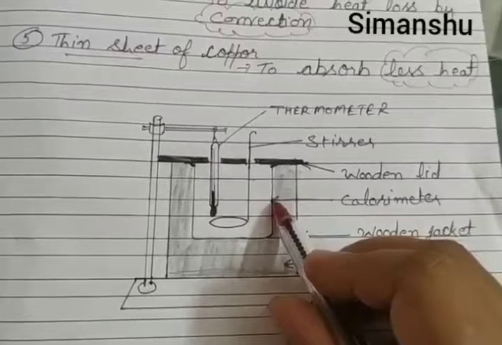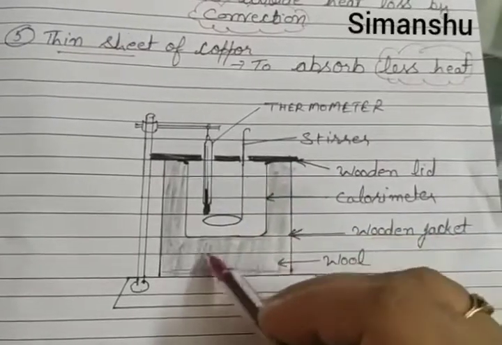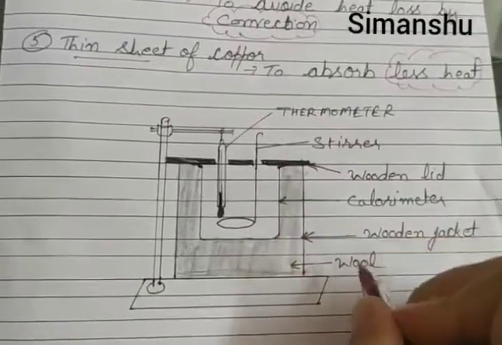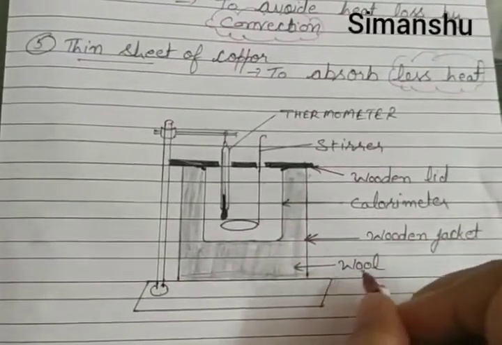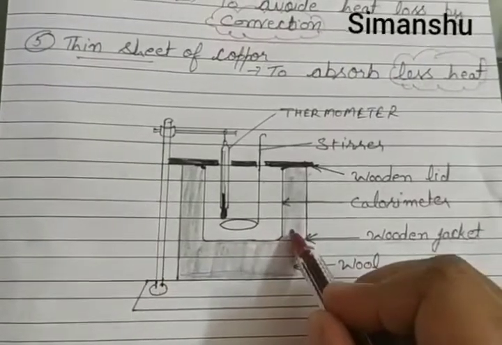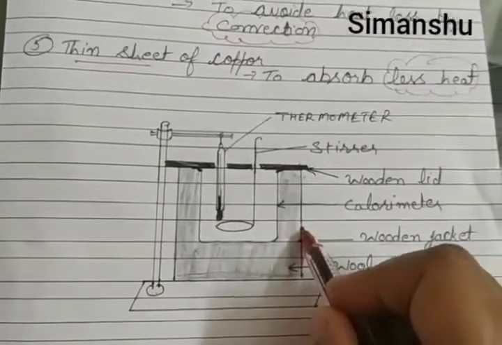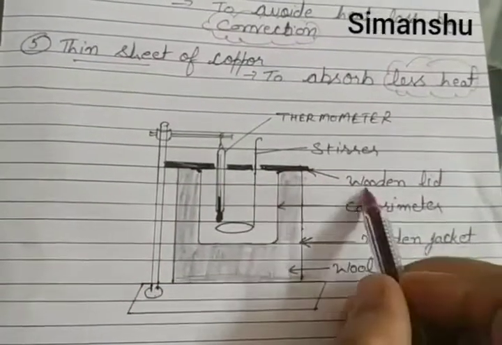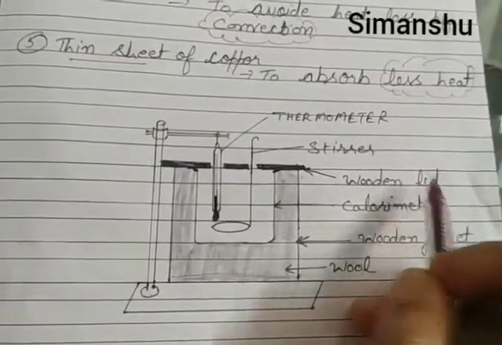It is the calorimeter. What is this shaded area showing? This is an insulating material, mostly wool. So, calorimeter, then insulating material, then wooden jacket. Then on top, it has a lid, which is also of wood.